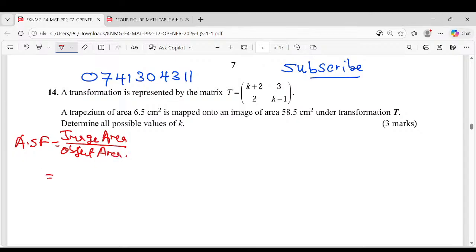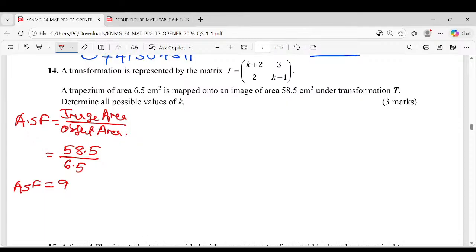The image has an area of 58.5, so this will be 58.5 all over 6.5. When you simplify that using a calculator, 58.5 over 6.5 simplifies to 9. So the area scale factor is 9.